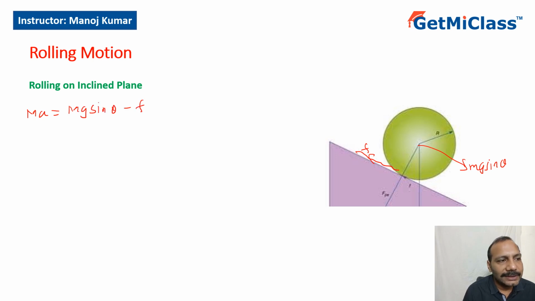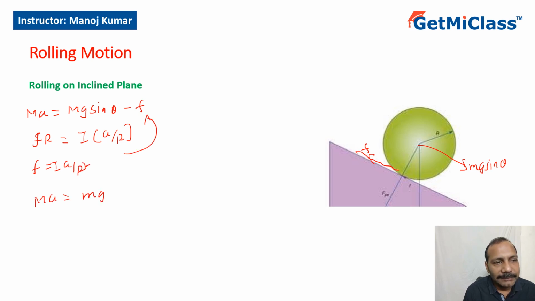Writing the equation for torque, f into R, friction into R, equal to I alpha. Alpha I'll directly write as a by R because we're assuming pure rolling. From this I'll get f equal to Ia by R square. Putting this in the first equation, I'll get Ma equal to Mg sine theta minus Ia by R square.